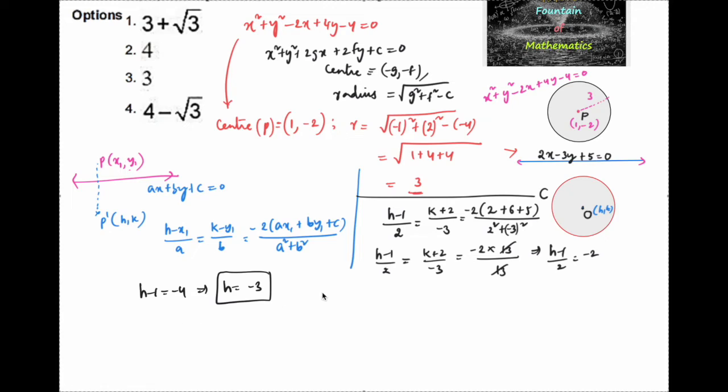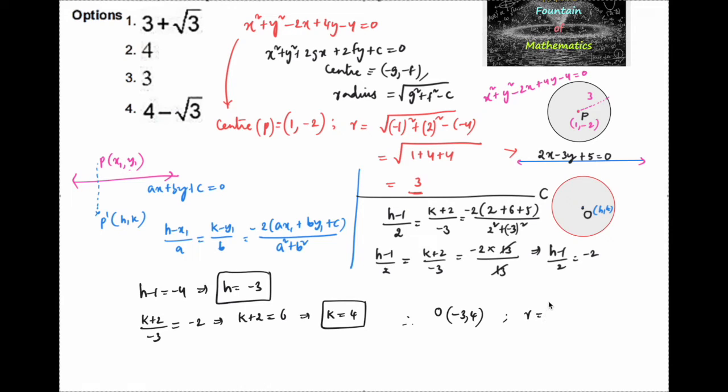And similarly, k plus 2 upon negative 3 is equal to minus 2, which implies k plus 2 is equal to 6. So k is equal to 6 minus 2, which is 4. So therefore the center of the required circle C is minus 3 comma 4. Say this is O, minus 3 comma 4.